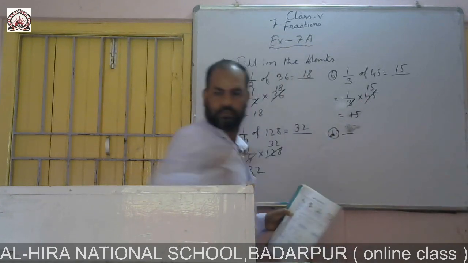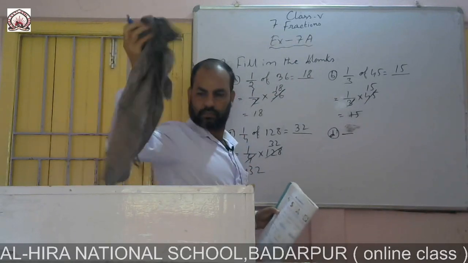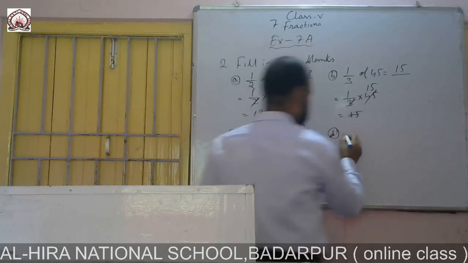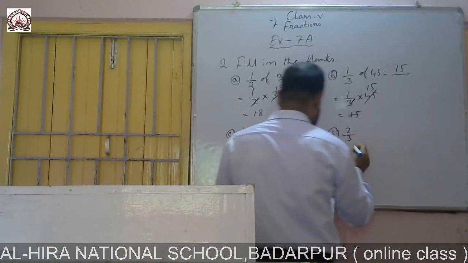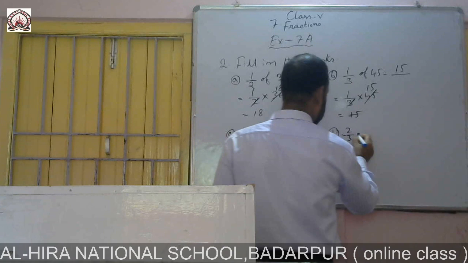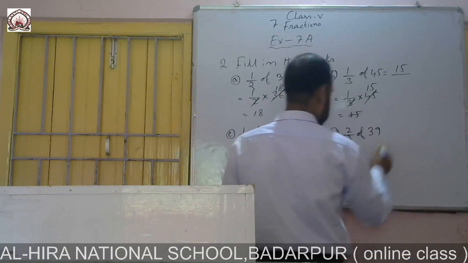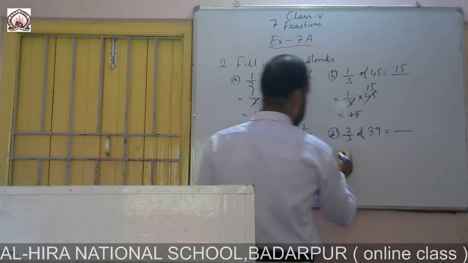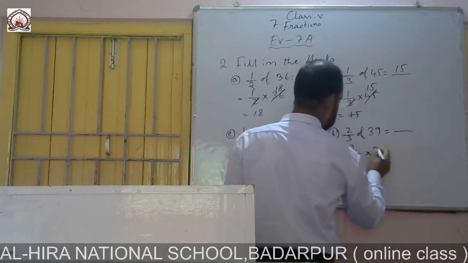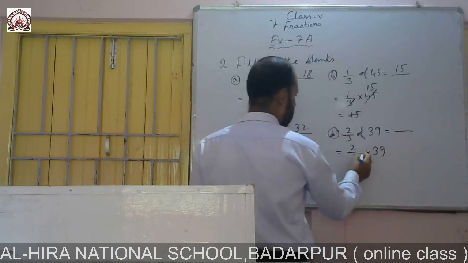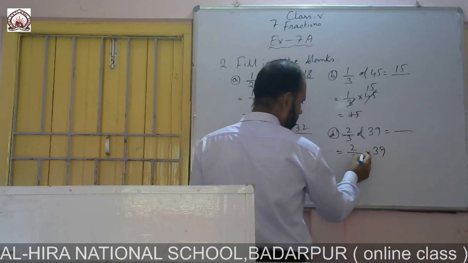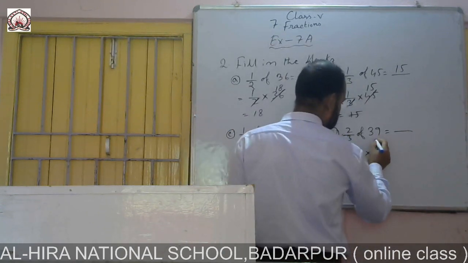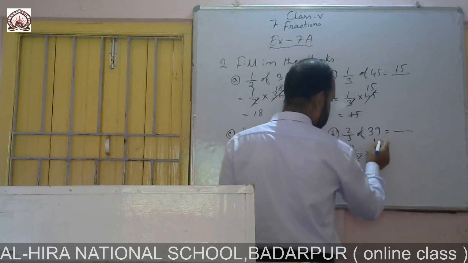2/3 of 39 equal to dash. So 2/3 into 39, we cut with what? 3. 3 1s are 3, 3 3s are 9.